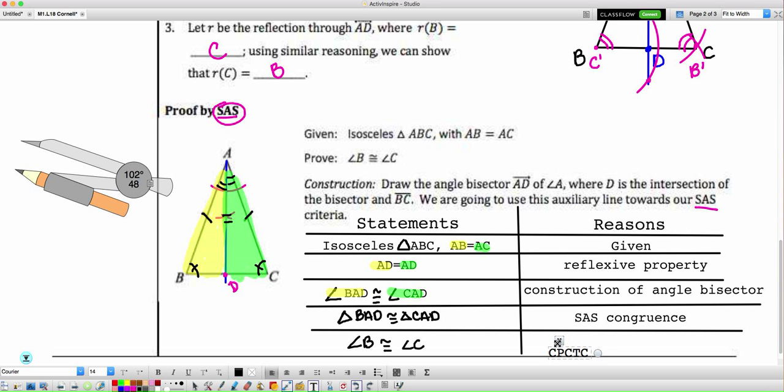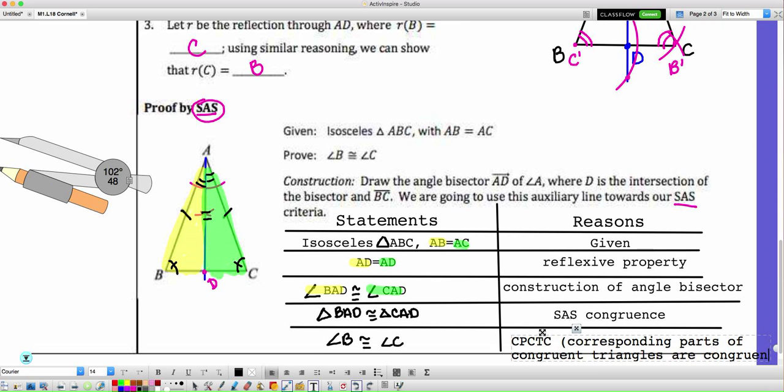I think we've said this before, I might be making this up, but CPCTC is corresponding parts of congruent triangles are congruent.